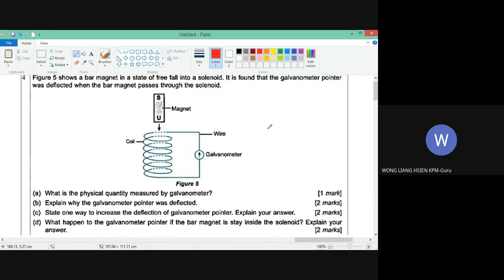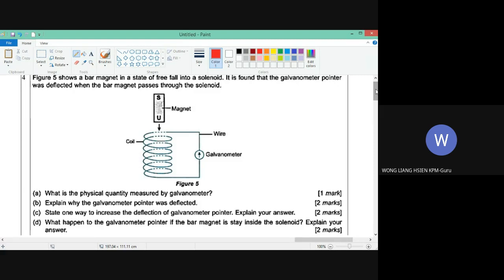You cannot just give a very general answer. Sometimes can accept, sometimes cannot accept, but the best answer is you give answer that is matching or suitable to the situation in the question.